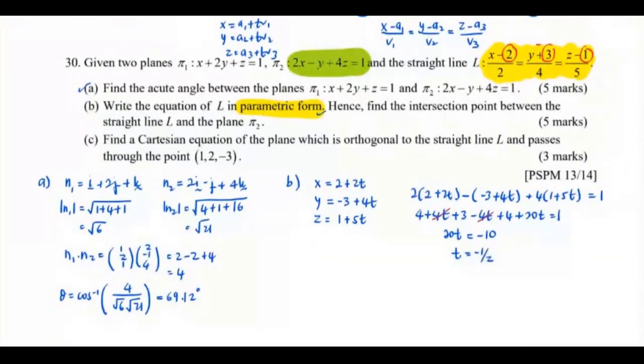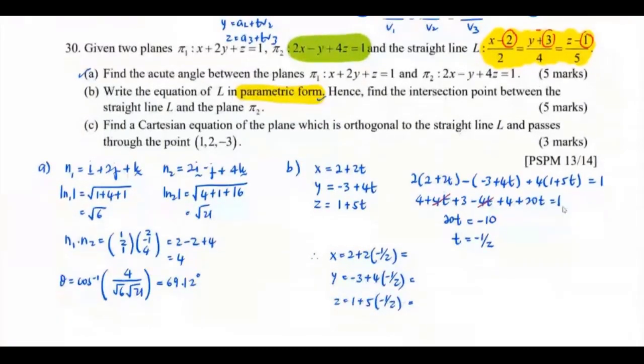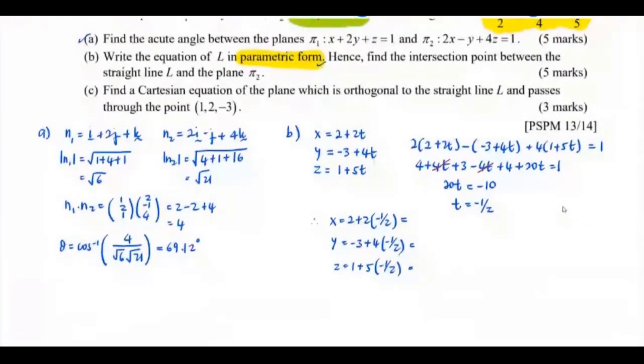So t is found, substitute back into the line. We're going to have x equal to 2 plus 2 times negative half. What is the value of x? 1. Y?